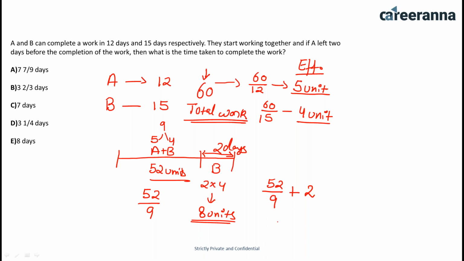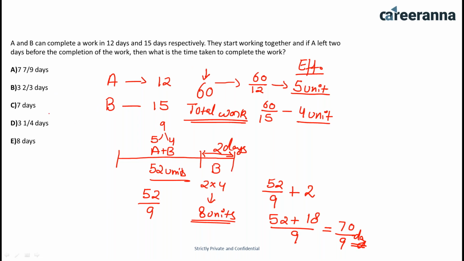If you solve this, it becomes 52 plus 18 by 9, which sums up to 70 by 9 days. This much time is taken by A and B to complete this work.